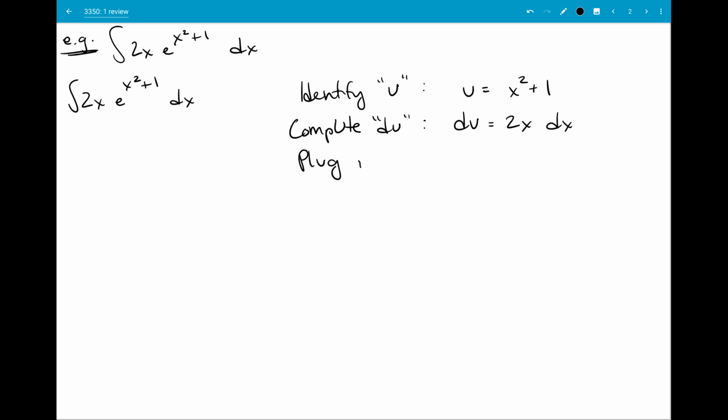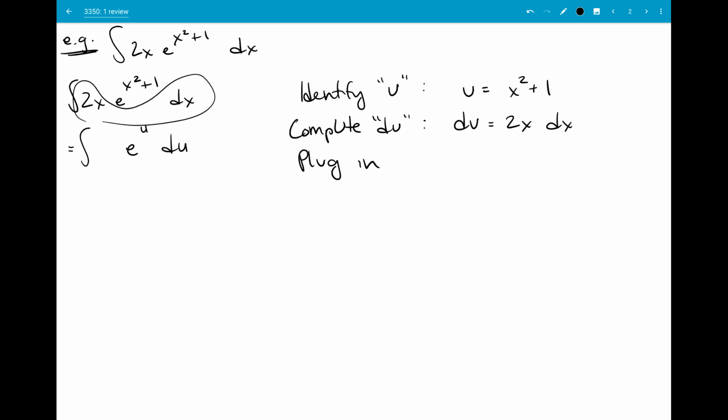And then you plug these things in. So I have this e to the u. That's the thing that I really wanted to take care of. And then it's going to be du, because that 2x dx becomes du.